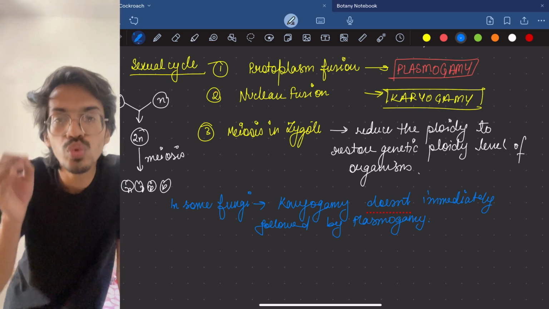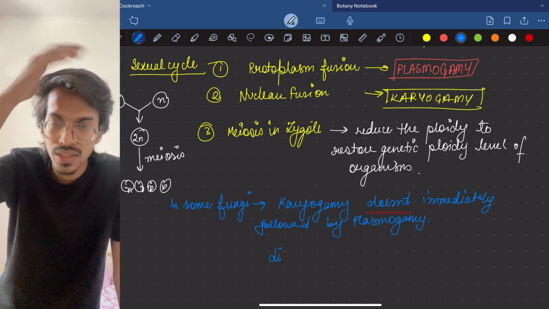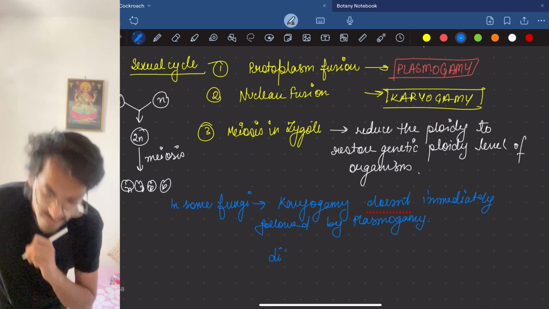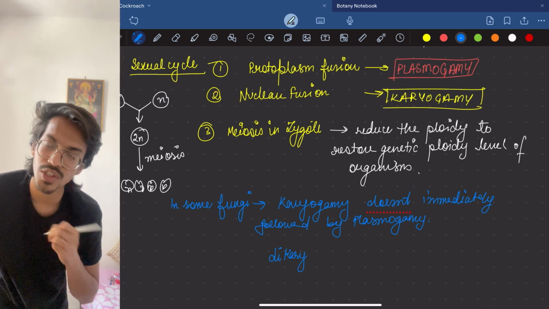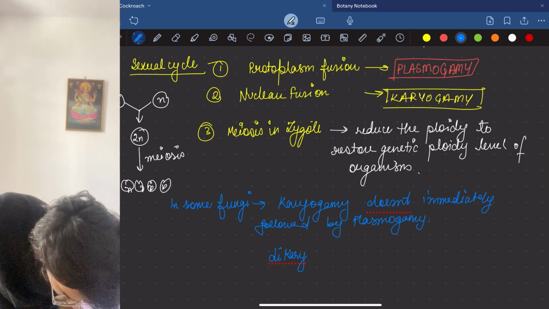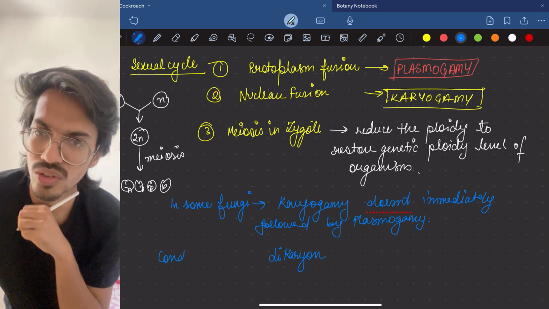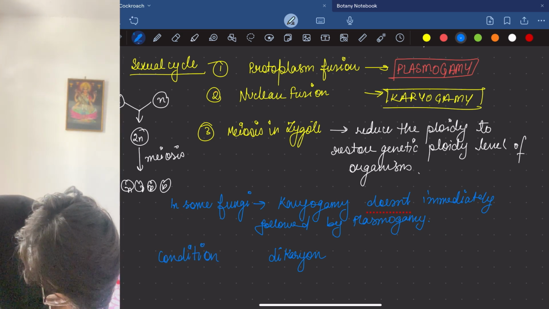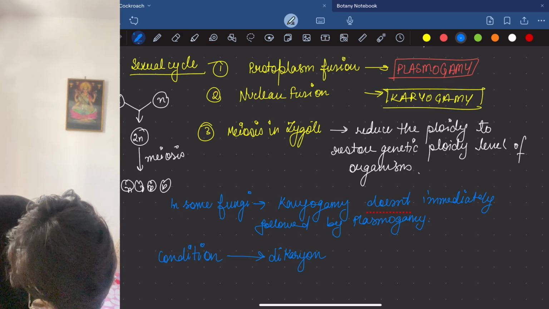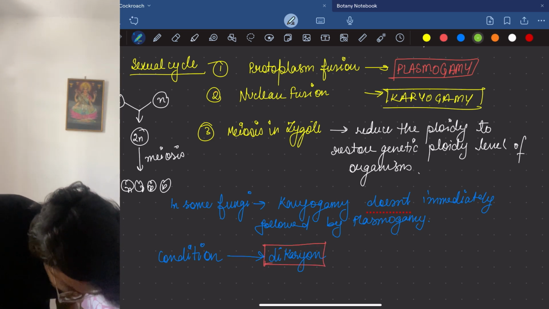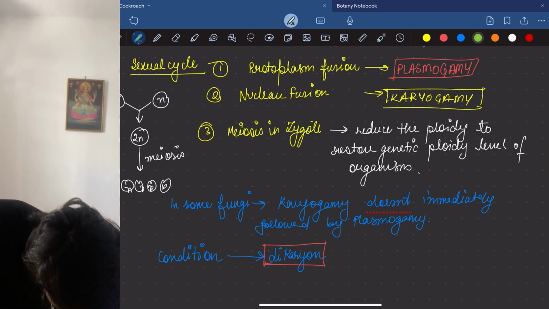Two means di, and for nucleus the scientific word is karyon. This condition of two nuclei present at a common time is called dikaryon.